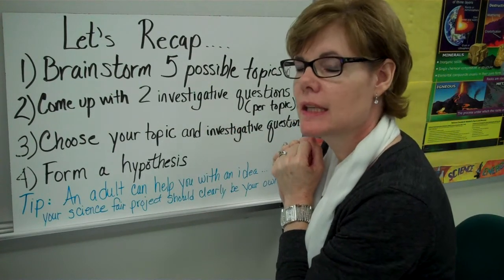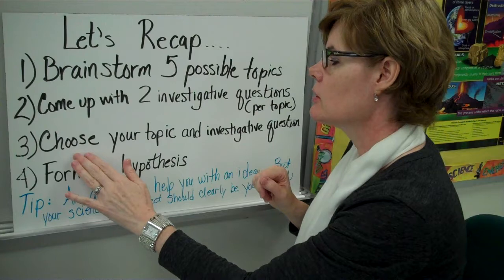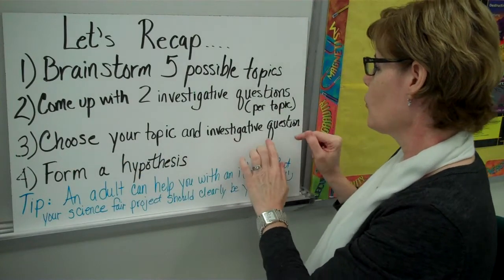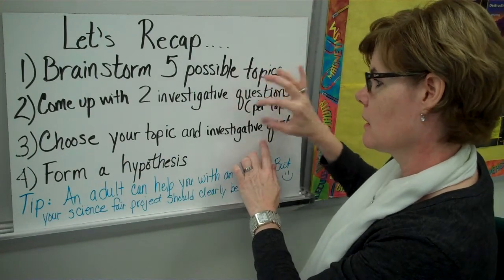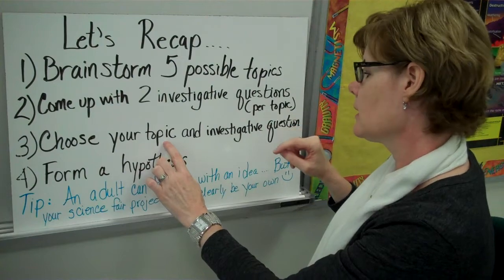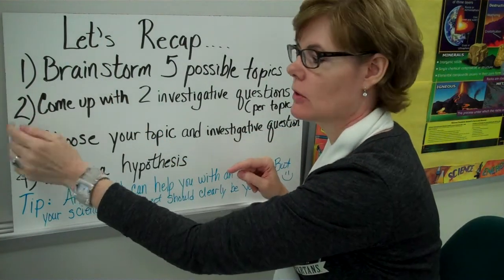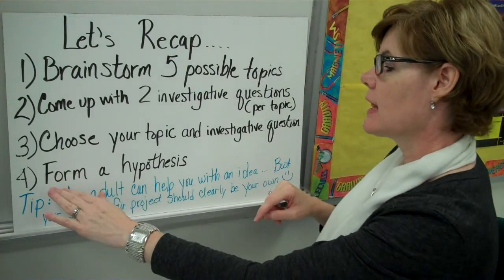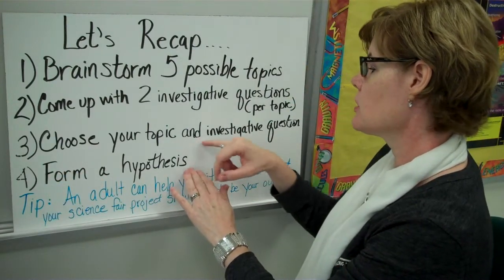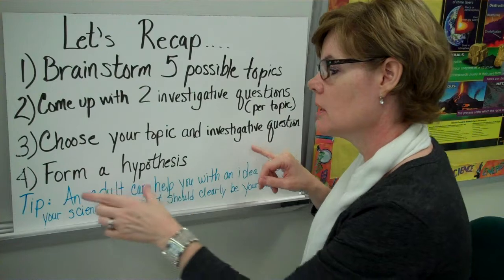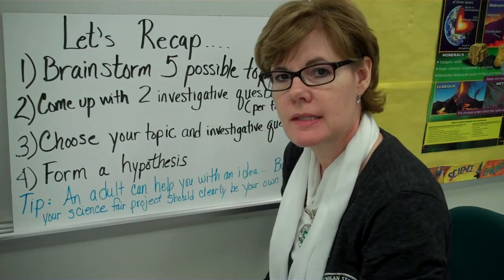How can you investigate that? Then choose your topic and investigative question from these. You need to find a topic and a question from step 1 and step 2. The last thing you're going to do, once you get your topic and your investigative question, is form a hypothesis.